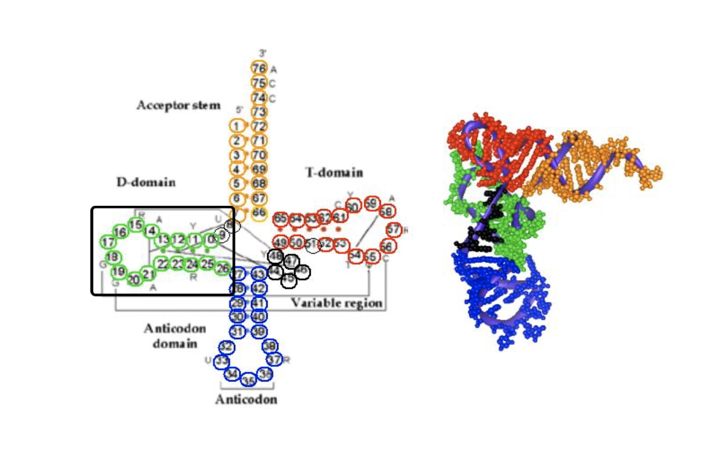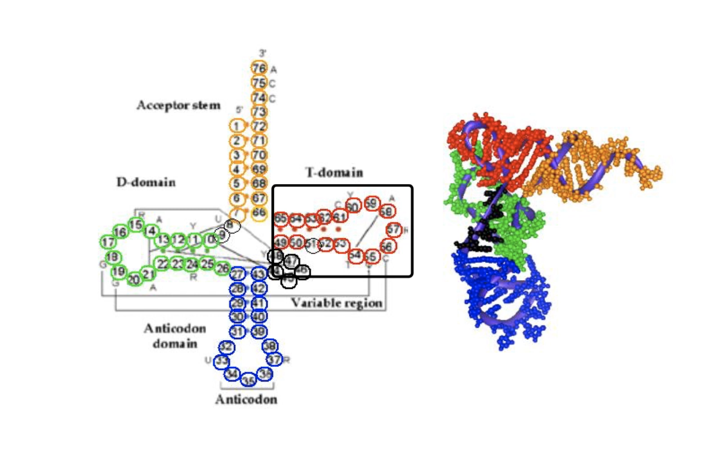And then the D domain, which usually has a dihydrouridine within it, which is how it got its name D. And then the anticodon loop, which does contain the anticodon that attaches to the codon of the mRNA. A variable region, which is sometimes long, sometimes very short. The T domain, which often has a thymidine, as well as a pseudouridine within it, so it's sometimes called the T pseudo-C domain as well.